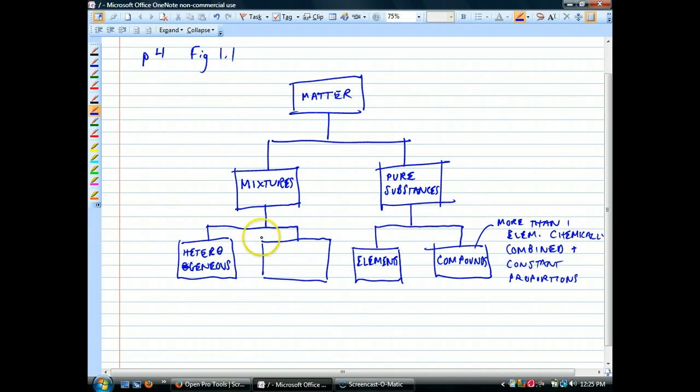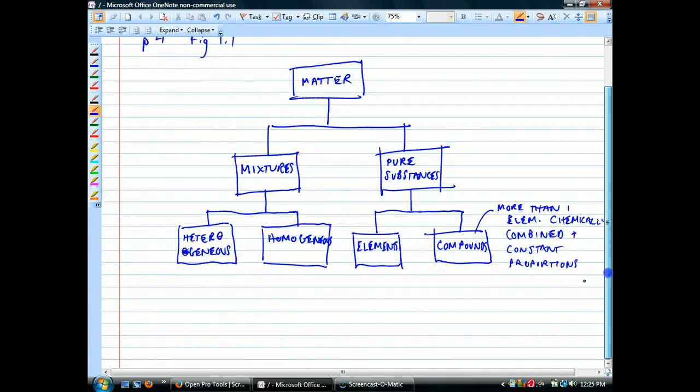Heterogeneous, and the other is called homogeneous. Homogeneous mixtures are also known as solutions. Now the easiest way to deal with this side of the diagram, I think, is just this right here. Just realize that if you're not an element or a compound, you're a mixture. And if you're a solution, then you're a homogeneous mixture. Everything else goes into the heterogeneous category.